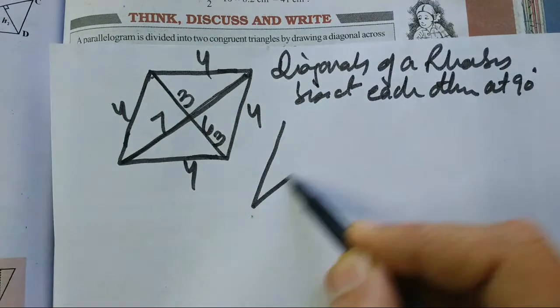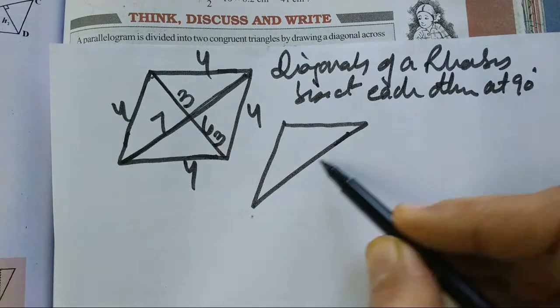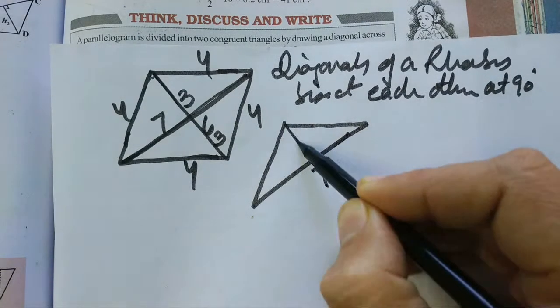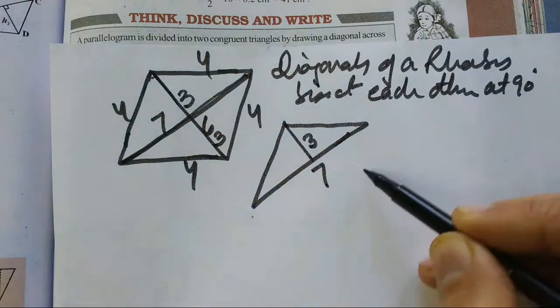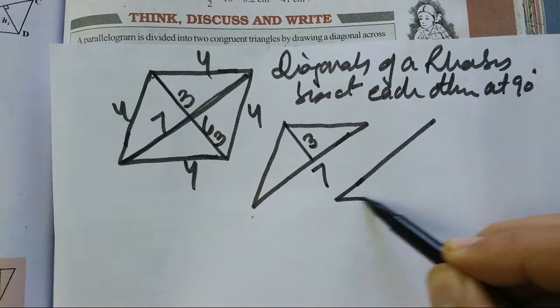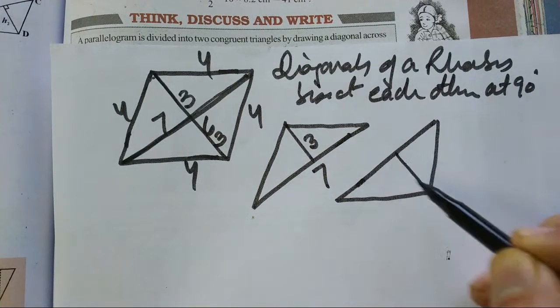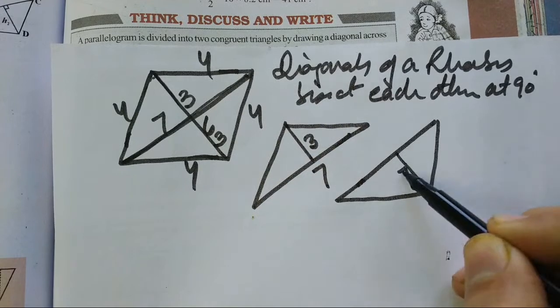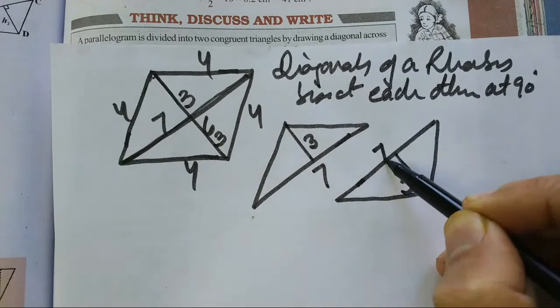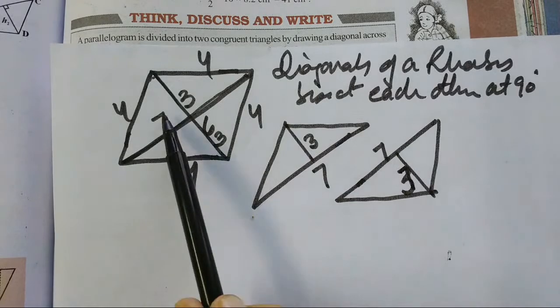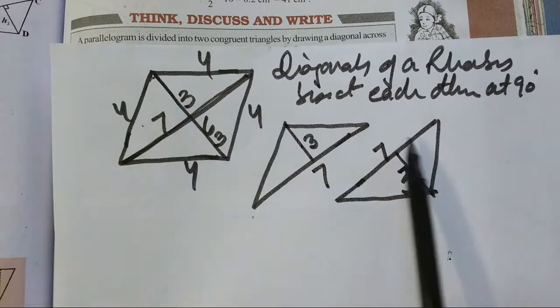So you have got two triangles now where this length is 7, this is 3. Then the second triangle is also the same where this is 3 and this is 7. So I have broken both the triangles into two parts.